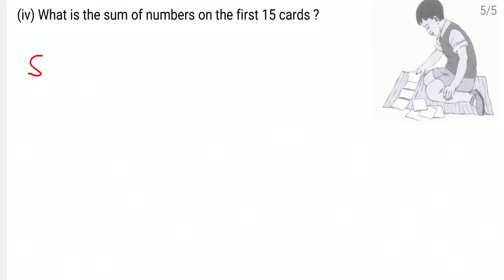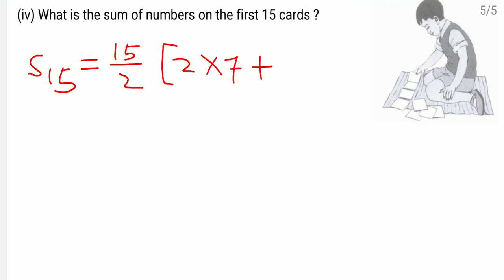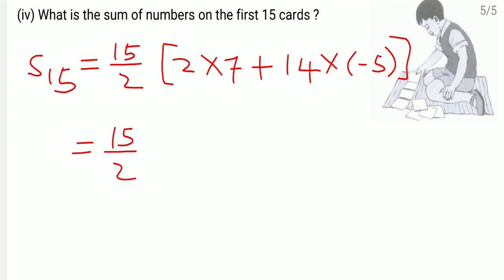What is the sum of the numbers on the first 15 cards? That means S15 we need to find out. So n by 2 means 15 by 2, 2a. 2 times the value of a is 7, plus n minus 1, 15 minus 1 is 14, and value of d is minus 5. See what happens now? 15 by 2 as it is. This is 14 plus 14 5s are 70, but minus 70 here.